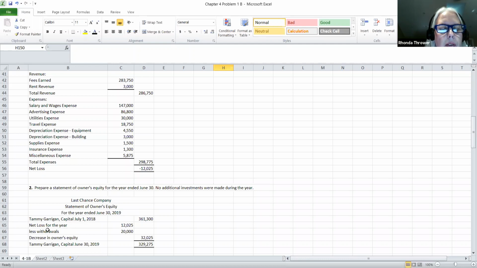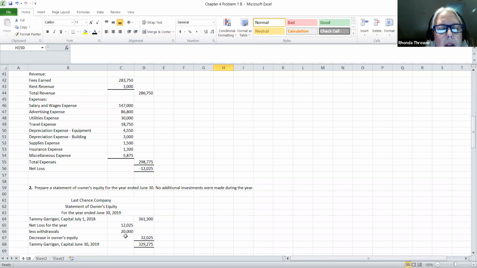So the next step is to report our net income or our net loss. For this year, it was a net loss. So we just write down our net losses. Then we're going to record our withdrawals for the year by the owner. Remember, withdrawals will decrease the owner's equity, so we're lessing out our withdrawals.